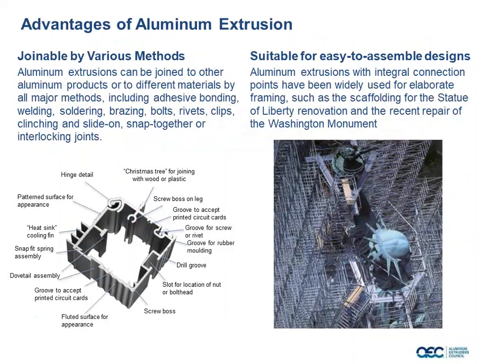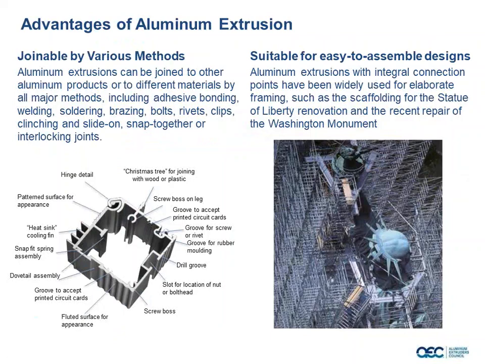Real quickly before I turn it over to Todd, the true advantage of using the aluminum extrusion process is, aluminum, again, is highly formable, and we can incorporate many design features into the part that are difficult to do in other building materials.